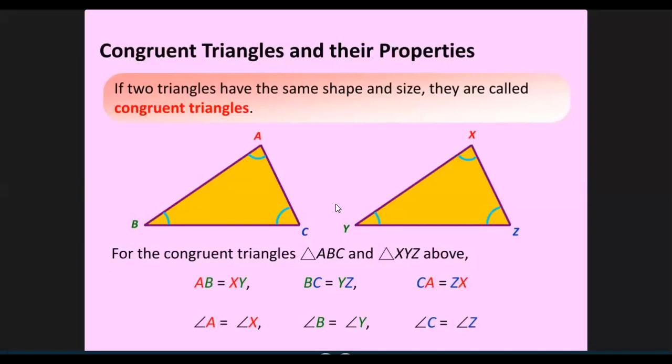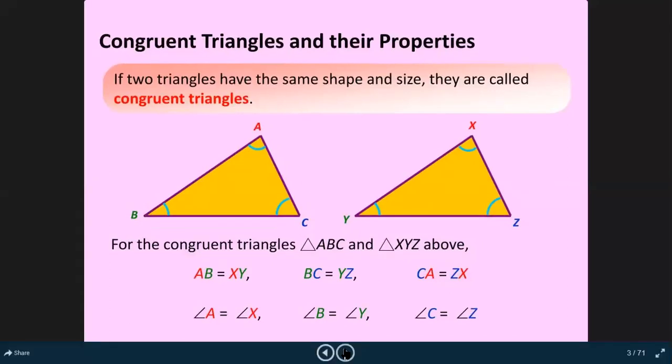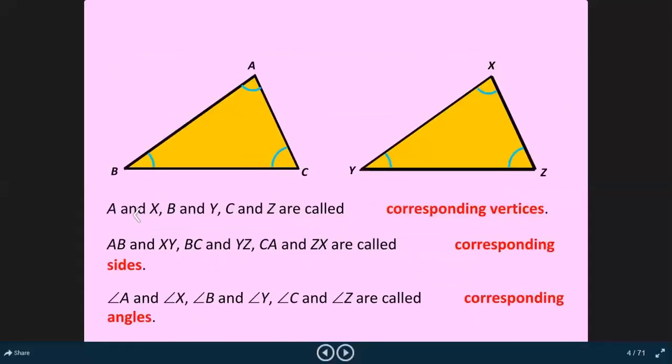And please, Ahmed, pay attention. A and X, B and Y, C and Z are called what? Corresponding vertices, right? If you write A without any symbol before it, this is called corresponding vertices.